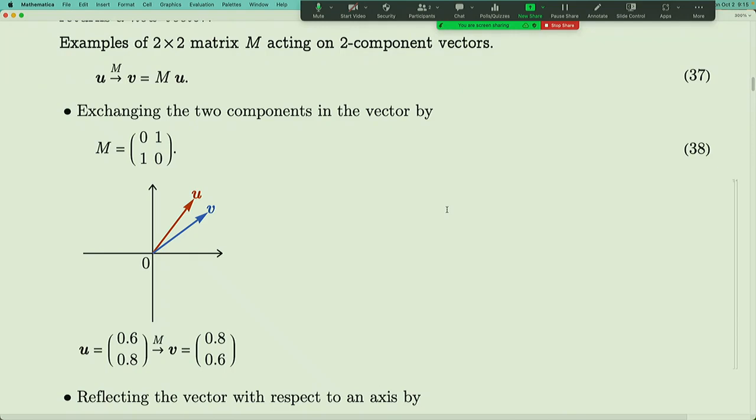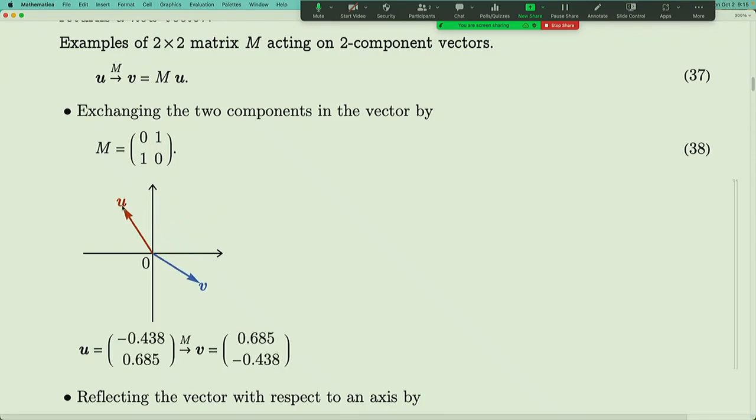So what happens is that whenever you have a U vector, after the action of the matrix, it is like a machine that takes one vector and gives you another vector, which is this V vector. And what happens is that the two components, X and Y component, let's say, interchange. So you can drag, actually, if you are using Mathematica, you can actually move this U and V along.